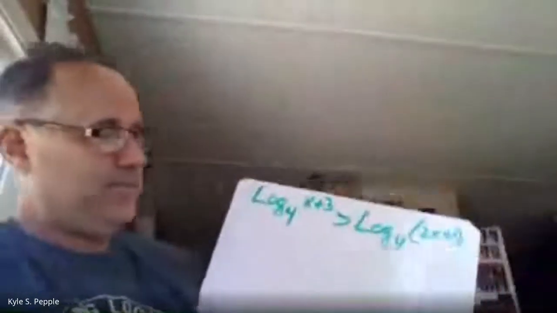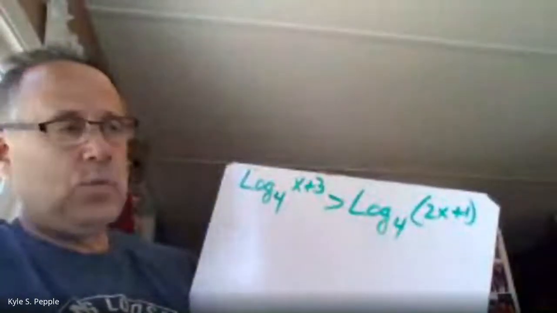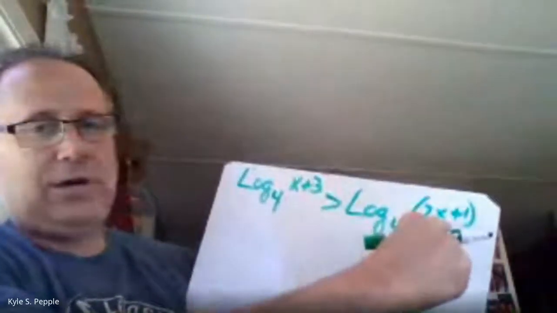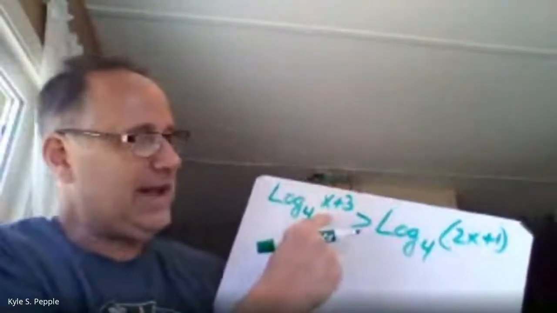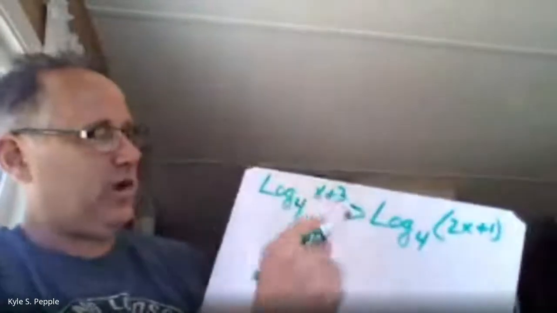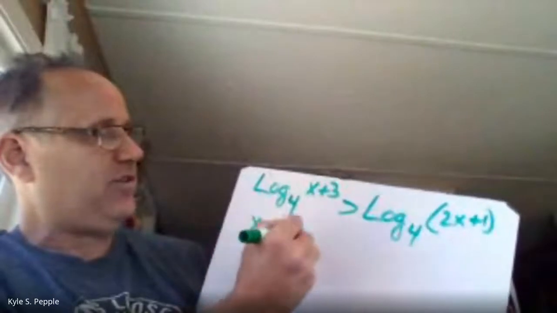Okay, and so we're going to look again at that with example 4. So turn the page to 479, or excuse me, 480. Okay, 480. Again, with an inequality, we can't have this number be a negative, and we can't have this number be a negative. Okay, so we put x plus 3 greater than 0.